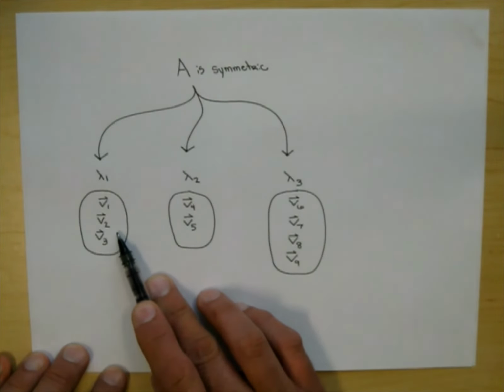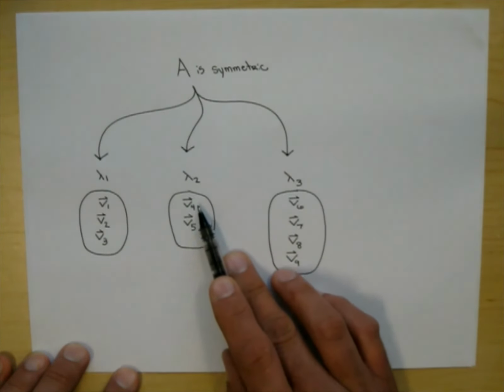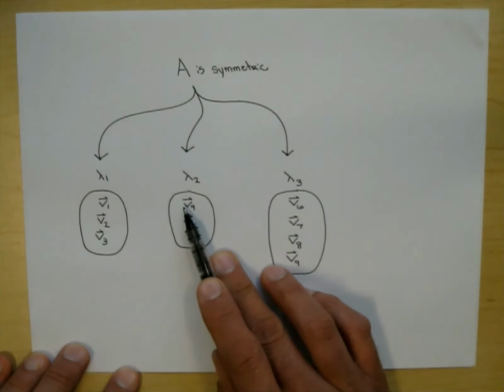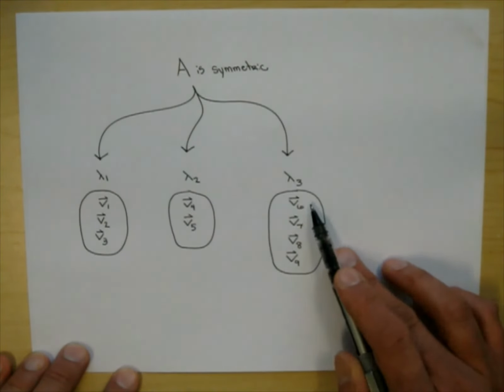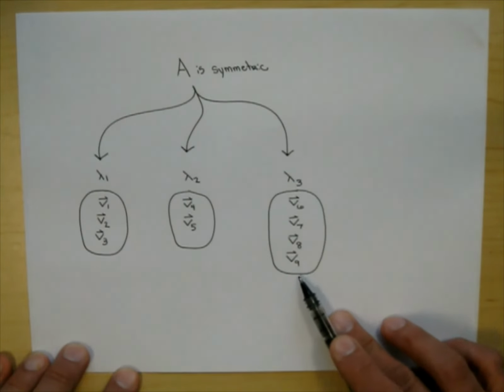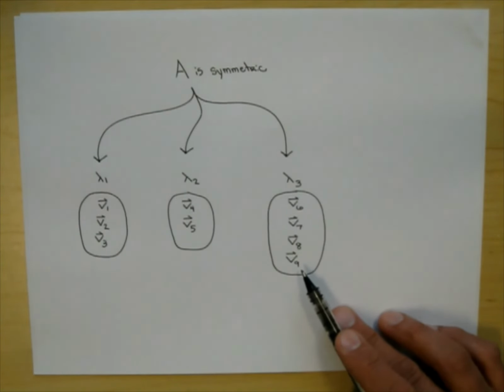So you would do the Gram-Schmidt process with these 3 vectors. And then you would do the Gram-Schmidt process with those 2 vectors, independent of this one; you wouldn't be looking at those when you did that. And then you would do the Gram-Schmidt process with those 4 vectors. And we've never done Gram-Schmidt with 4.